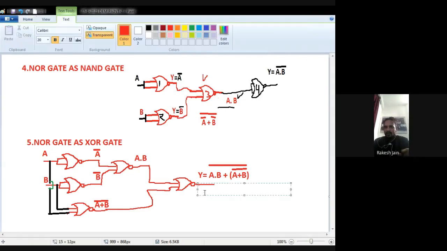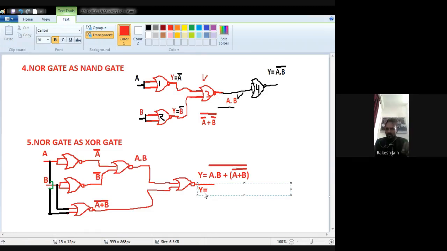Now I check the result by applying the De Morgan theorem. So now see, Y is equal to two things: first is AB, and second is A plus B bar, with a plus sign in between them. Both the two things will be written having a separate bar.